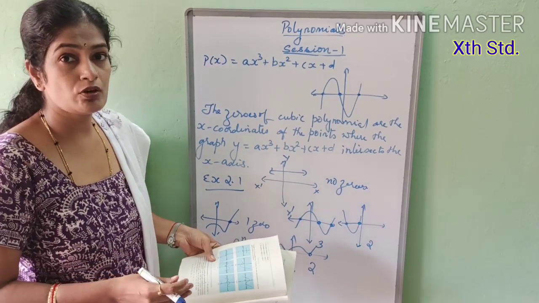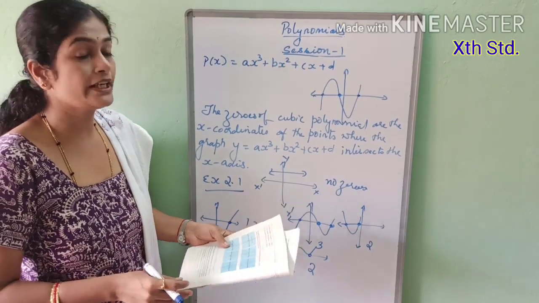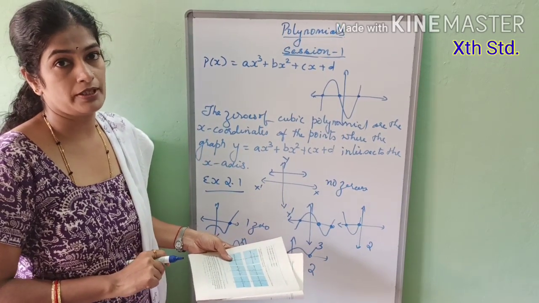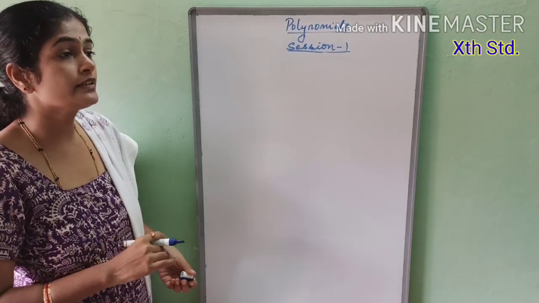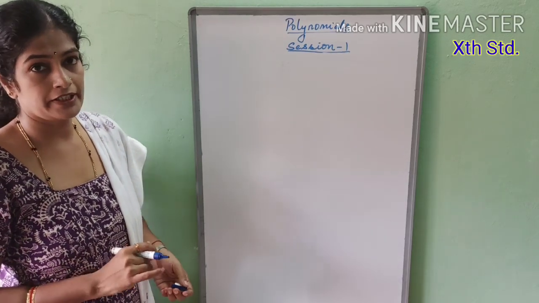We will just move on to the next topic, that is the relationship between zeros and coefficients of a polynomial. Now let's see the relationship between the zeros and the coefficients of a quadratic polynomial.